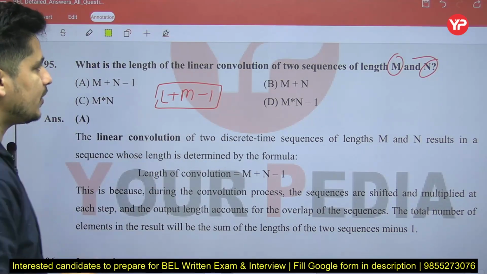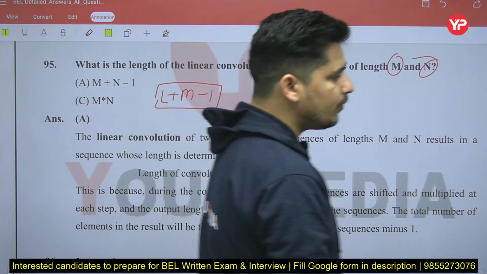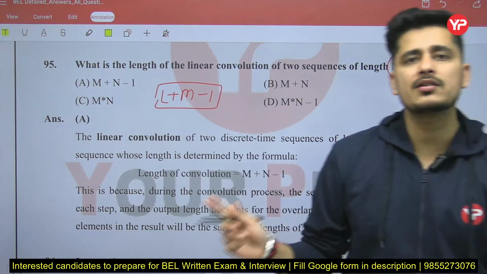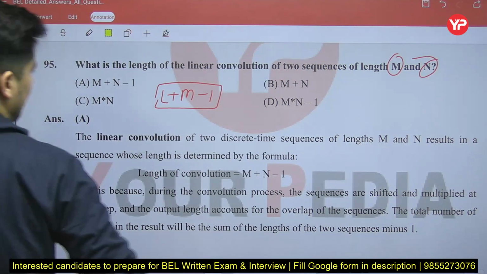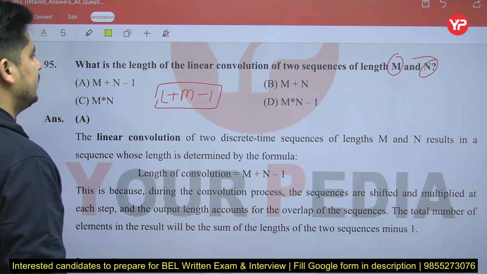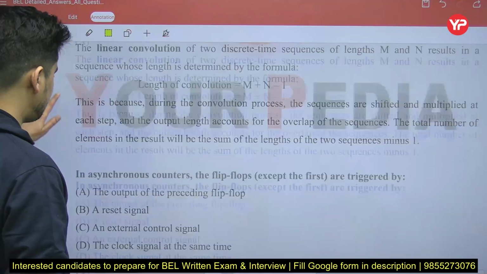That is the number of elements in the first sequence plus the number of elements in the second sequence minus 1. In the continuous case, it will be the sum of the two signals' lengths, right? That is the main thing.